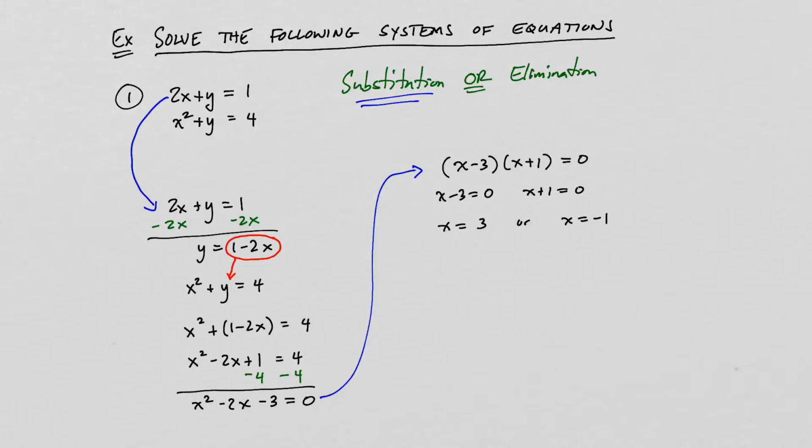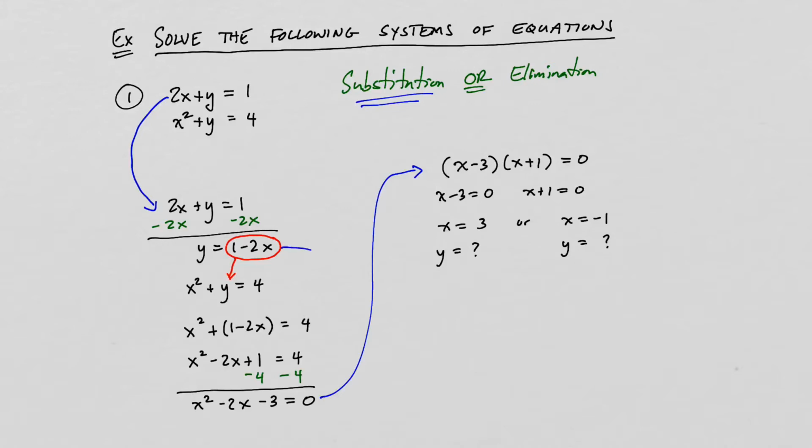Now, these are not the points of intersection. These are the x-coordinates of the points of intersection. For each one of these, we have to find the corresponding y value that goes with that x value. To do that, I'm going to go back to our original equations. In fact, I'll go to the one where I substituted because that's the easiest one.